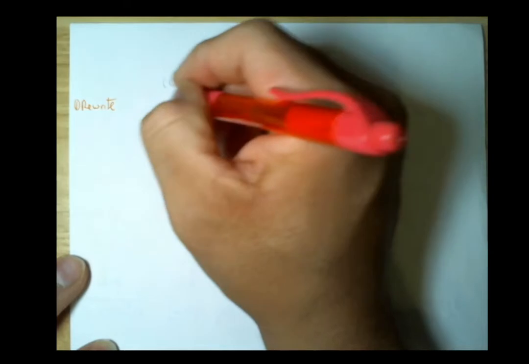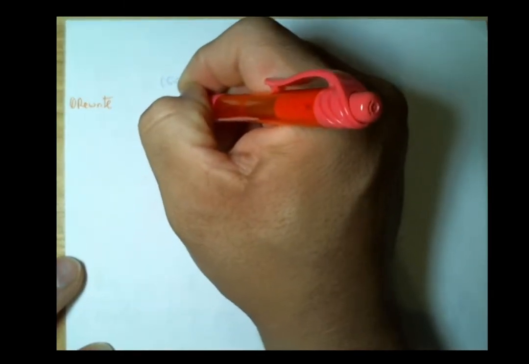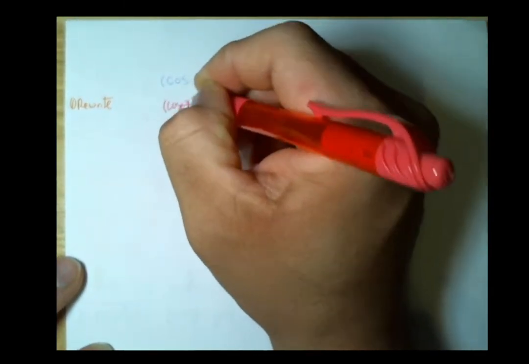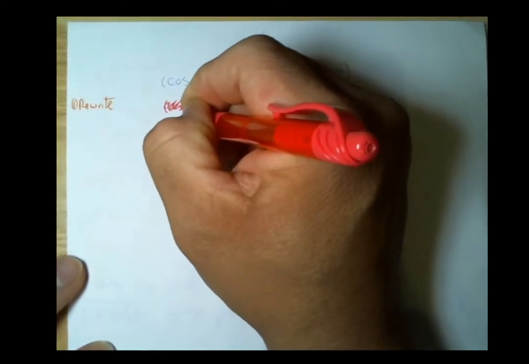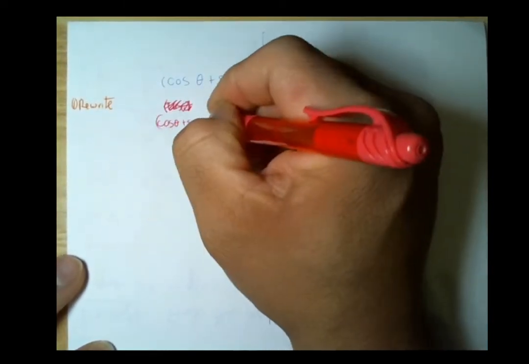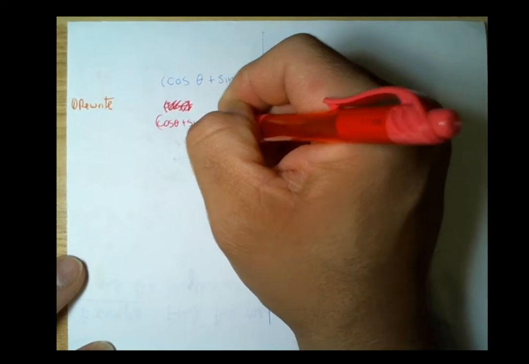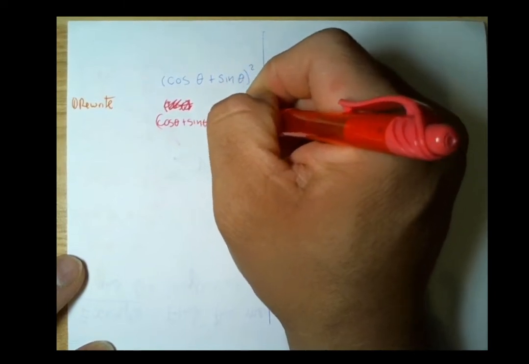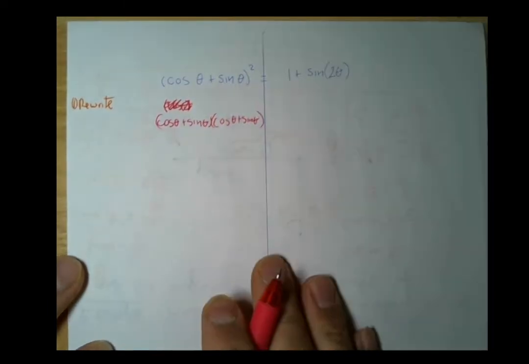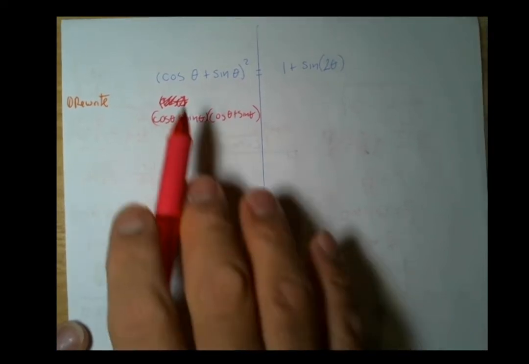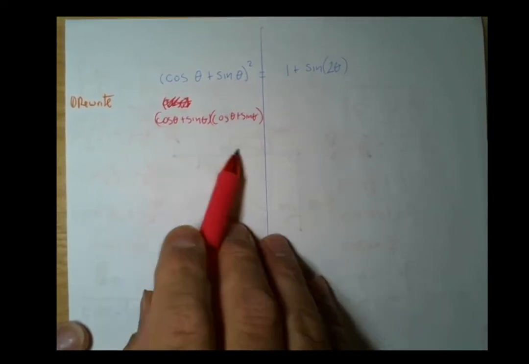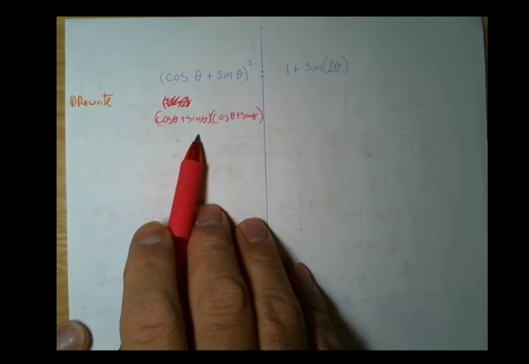We have cosine theta plus sine theta times cosine theta plus sine theta. I just rewrite this right here to see that this is in fact what is represented here.